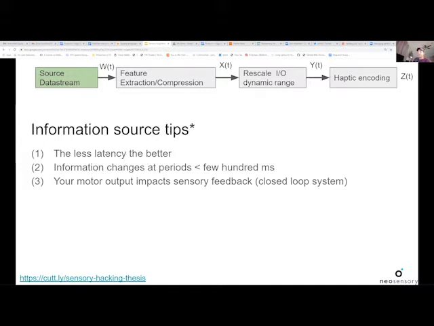So the idea here is if your application is one where you produce some sort of motor output, for example, like the algorithm that comes out of the box on Buzz, which takes sound from the environment and maps it to patterns of vibration, that means that when I am speaking and I'm wearing Buzz, I can immediately feel the sound of my voice as the vocal cords in my mouth are moving. And that is really useful for being able to train up new senses.